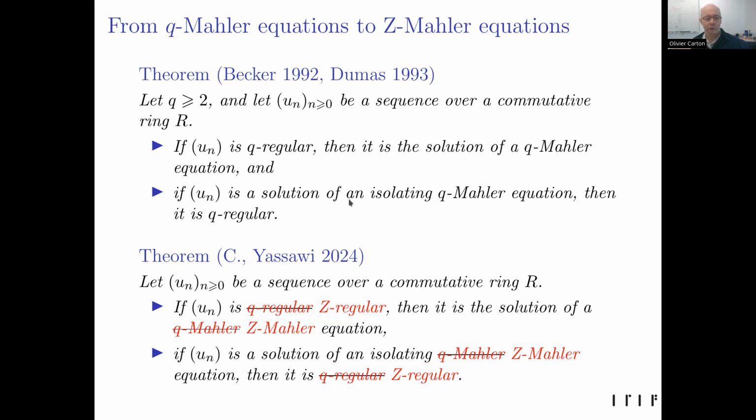More or less, we have exactly the same, but we have to replace Q-regular by Z-regular and Q-Mahler by Z-Mahler. It looks like a search and replace statement, but as we will see, there are a few things to change. Z-regular is actually straightforward. This is exactly what should be expected.